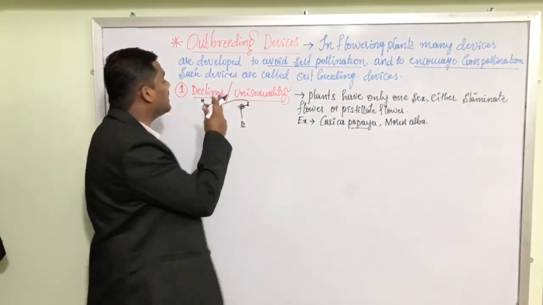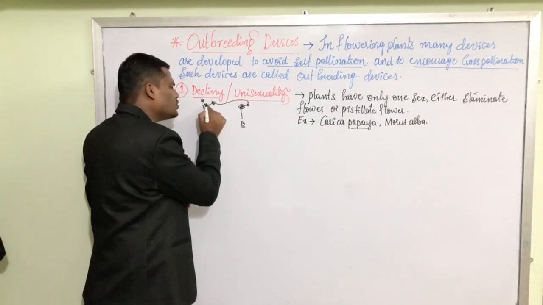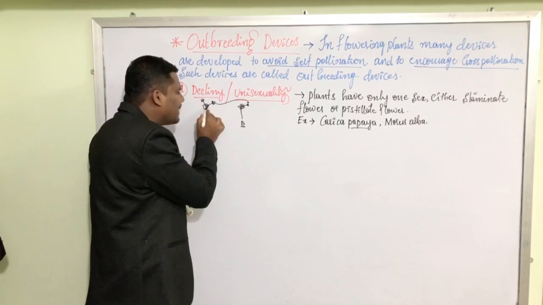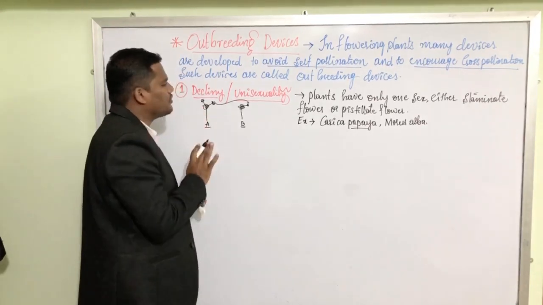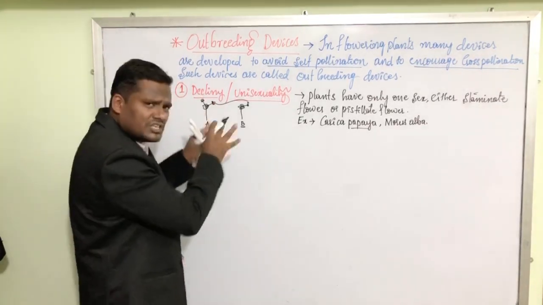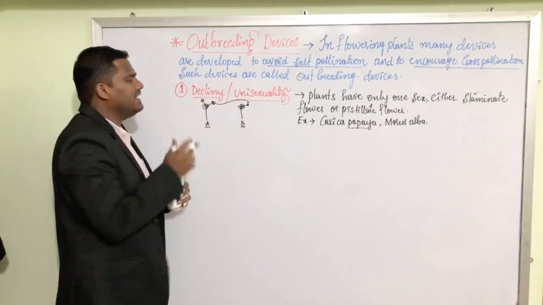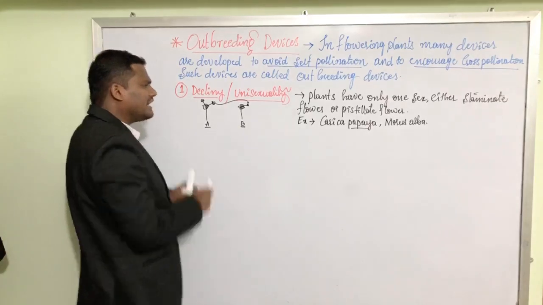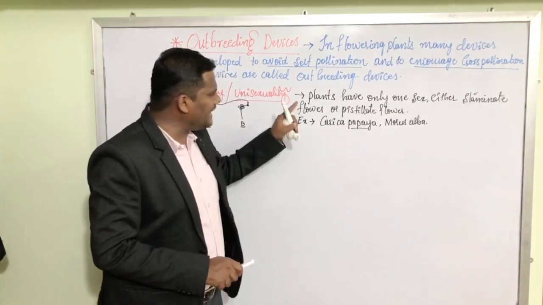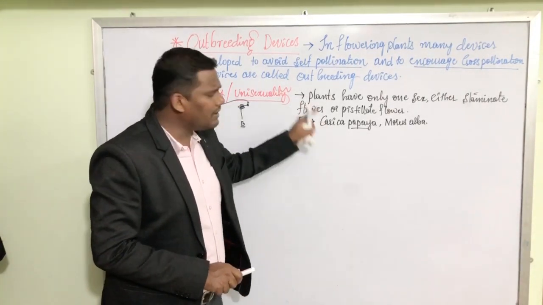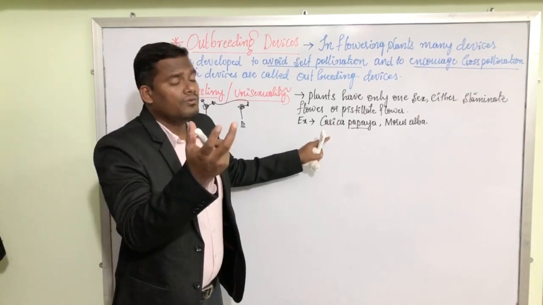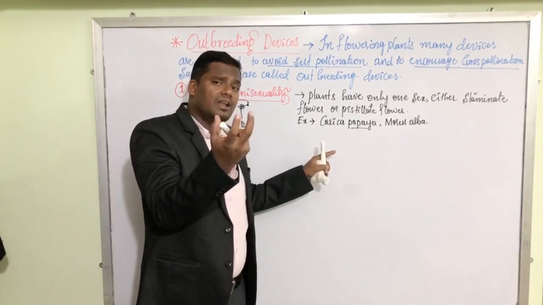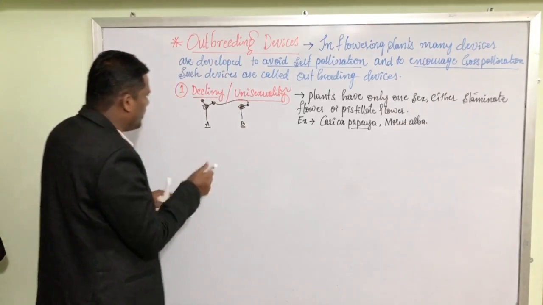It is cross-pollination. Here there is no stigma at all. It is not a bisexual flower. It is a unisexual flower. Such a condition, such a device, is known as dicliny or unisexuality. Now, dicliny and unisexuality in plants have developed only to facilitate cross-pollination and to avoid self-pollination.